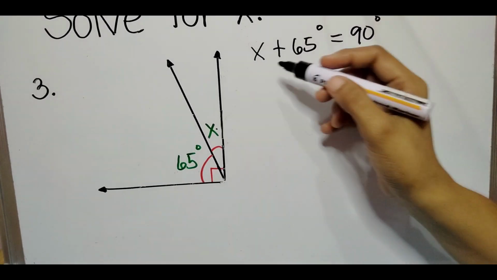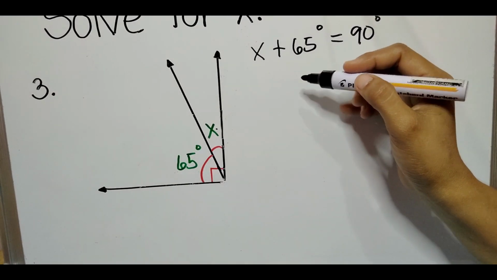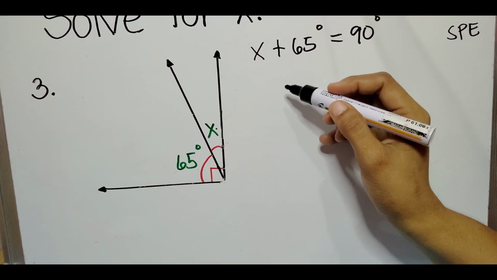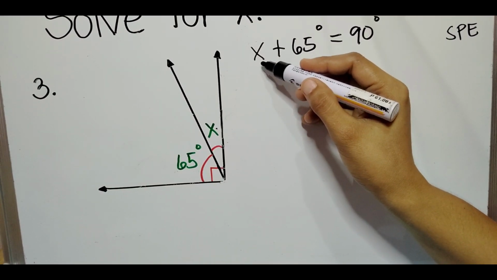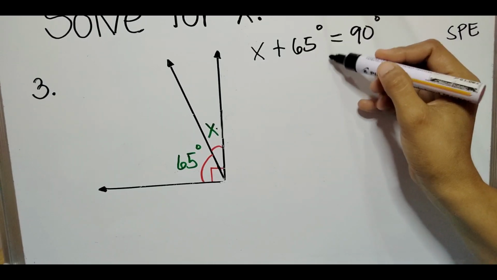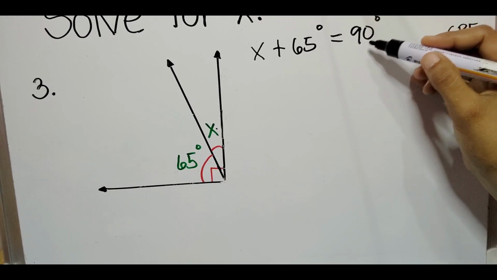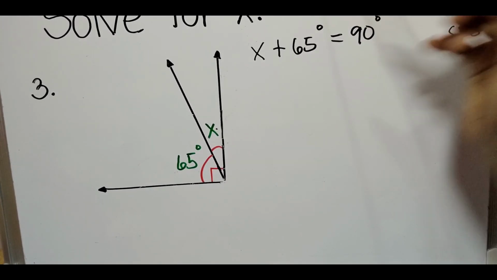So we will solve for x in this equation. Just like in number 2, we will apply the subtraction property of equality. Our goal here will be to make x alone on this side of the equation, and the numbers will be combined on the other side, the right side.